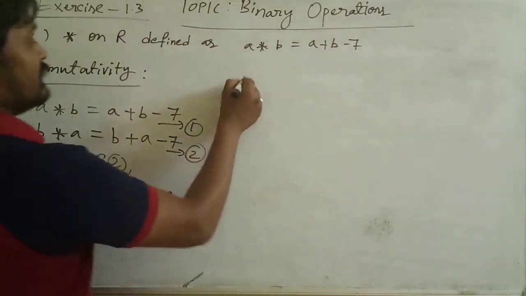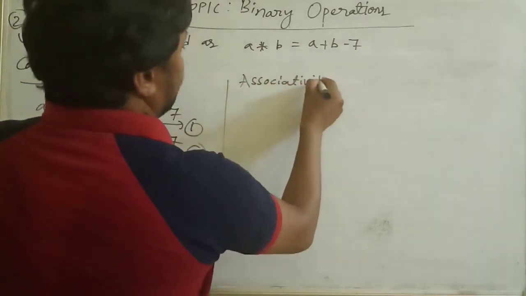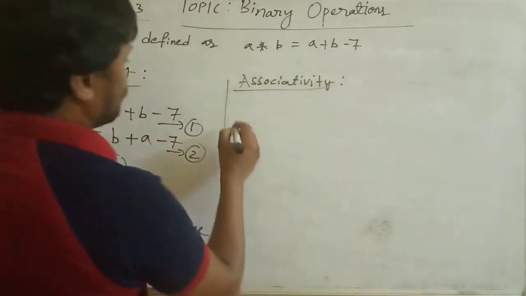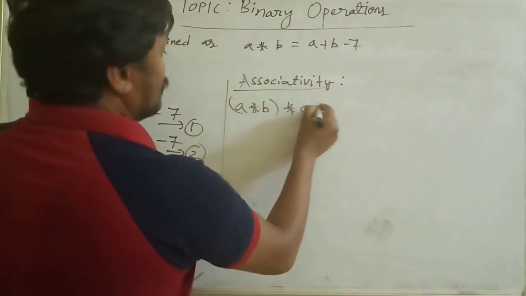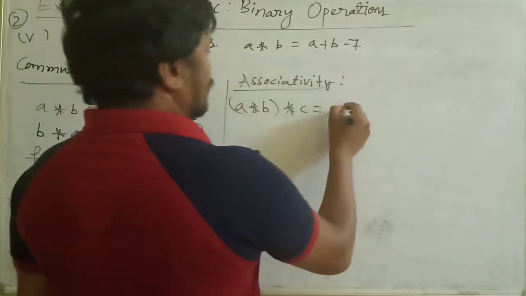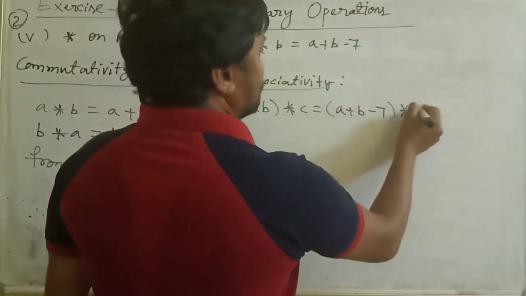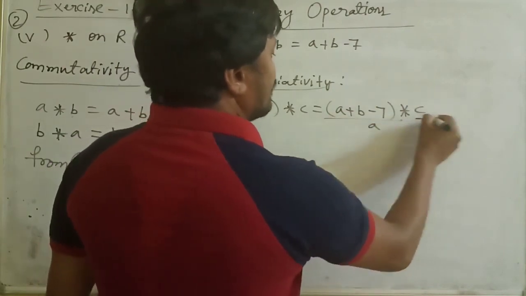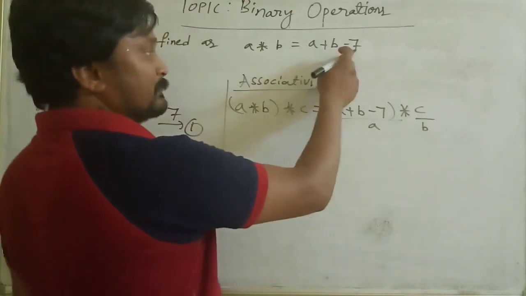Then next one, associativity. Let me check associativity. First we'll write A star B star C. So what is A star B? You already know that, A plus B minus 1. Star C. So this full becomes A and C becomes B. Now A star B means A plus B minus 1.